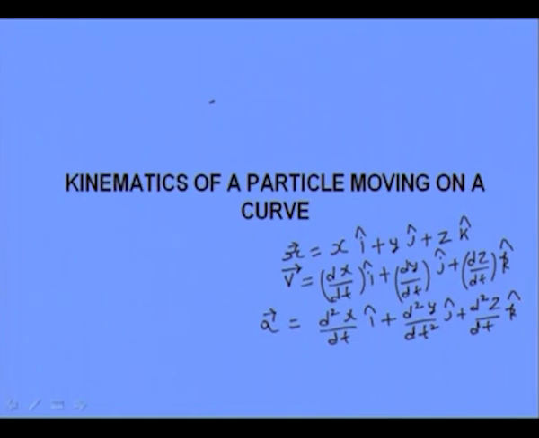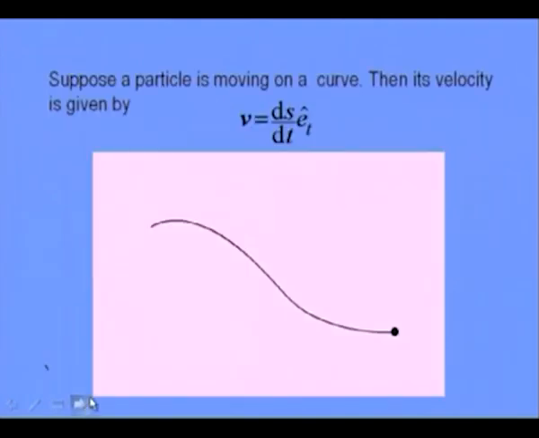Instead, it may be known that the particle is moving on a curve. Now, if the particle is moving on a curve, then its velocity can be given by v is equal to ds by dt et.